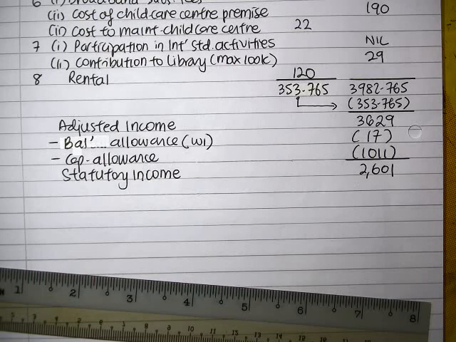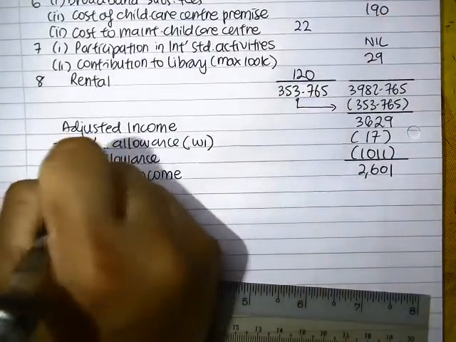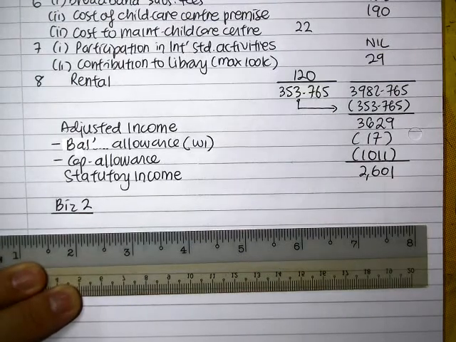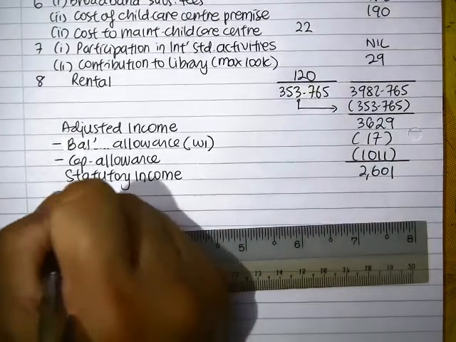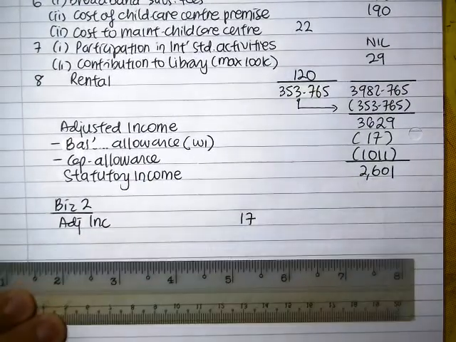Okay. Alright, now after your business 1, you're going to get your business 2. Now in business 2, they mentioned that the adjusted income is 17,000. Alright, adjusted income is 17,000.